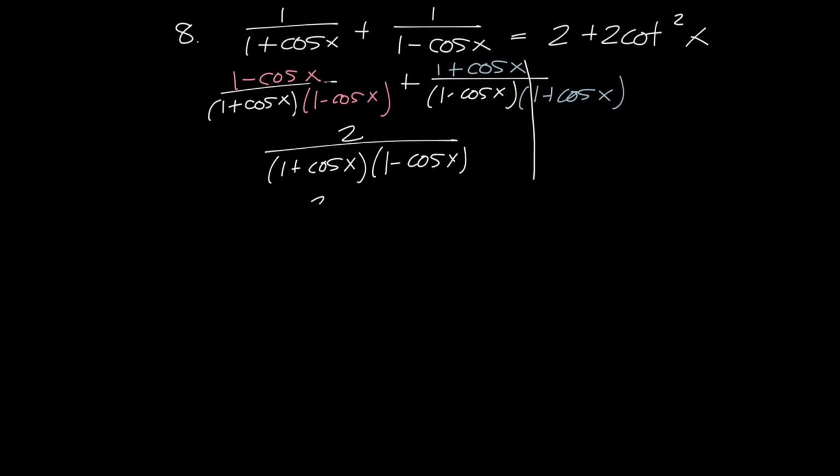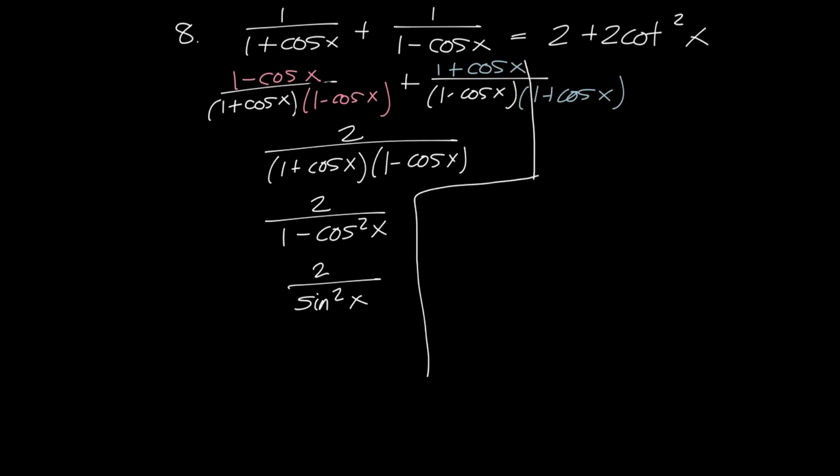So you now have 2 over 1 minus cosine squared x, which is going to be 2 over sine squared x using the Pythagorean identity. Now, look at this, 2 over sine squared x. It looks nothing like the other side. So for the first time in this video, we are now going to stop working with the left-hand side and now begin to work on the right-hand side.